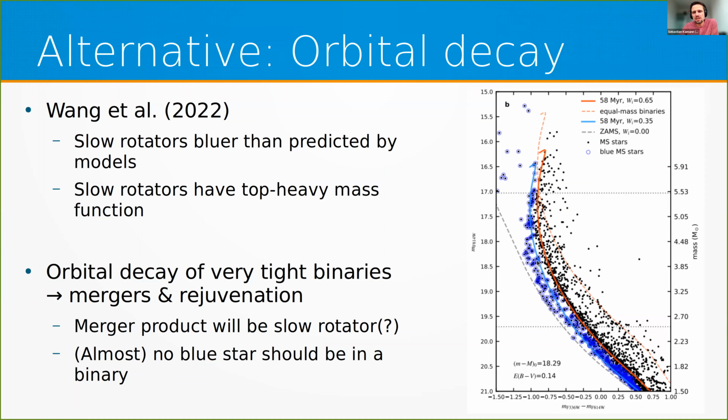So there seems to be some discrepancy between the colors or effective temperatures predicted by stellar evolutionary models and those observed in the CMDs.